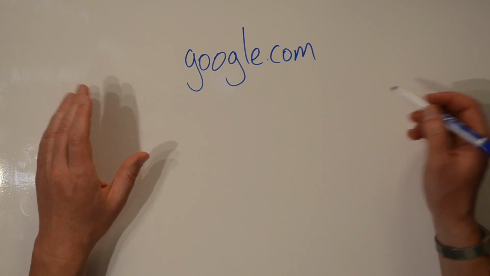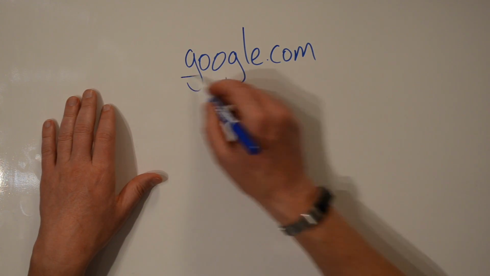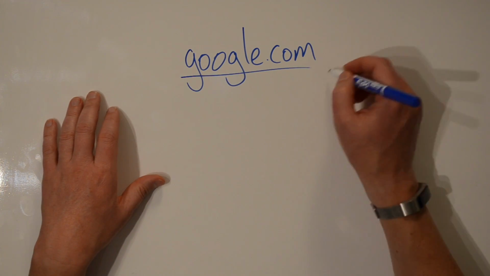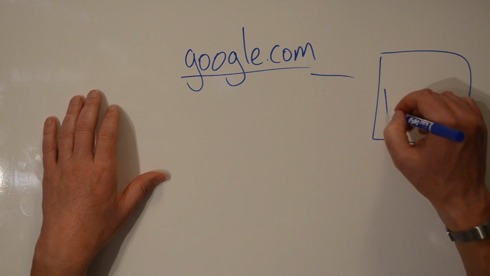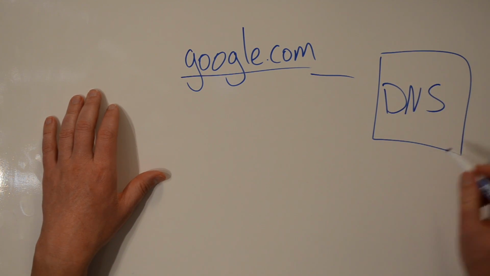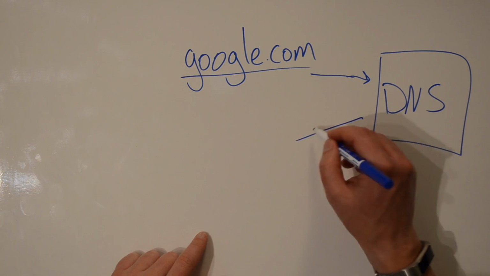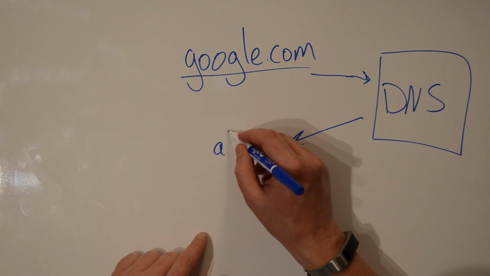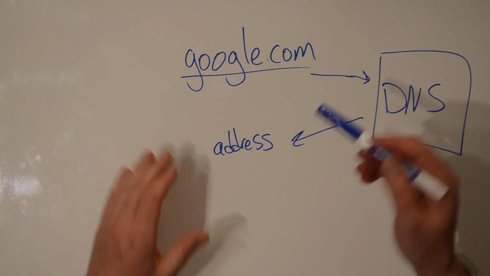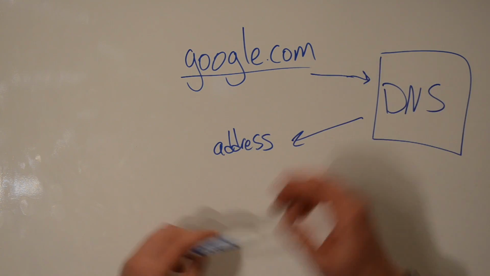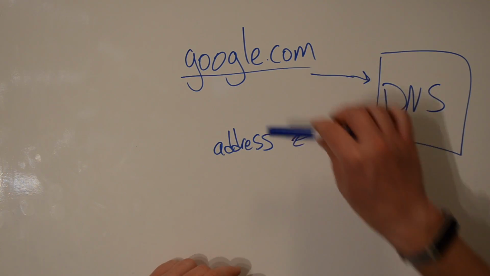So when I want to visit google.com, for example, the first thing my computer needs to do is find Google's address. So it makes a request off to a DNS server with the thing that I'm looking for, and the DNS server hands back a numeric address. And with that address, my computer can then go contact the google.com servers and ask for something.